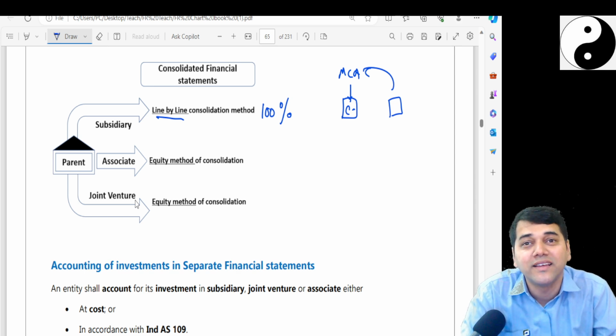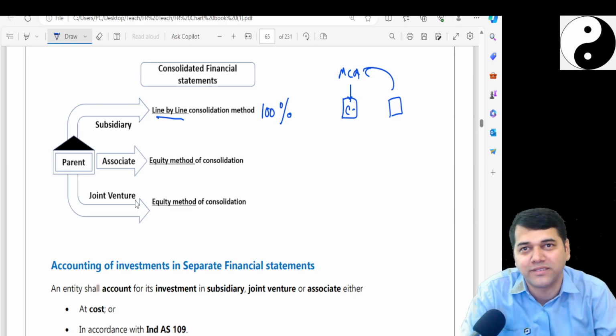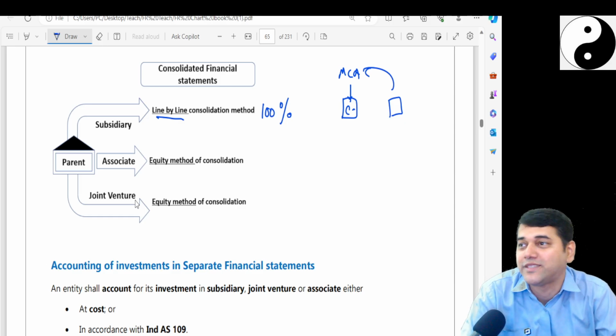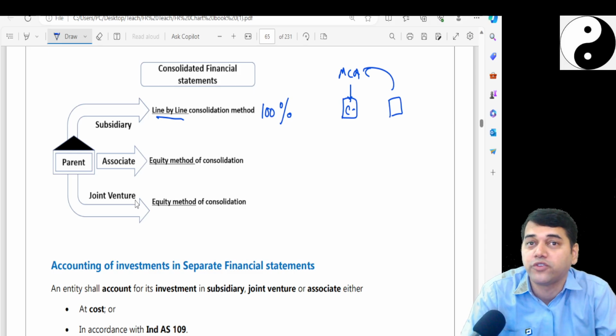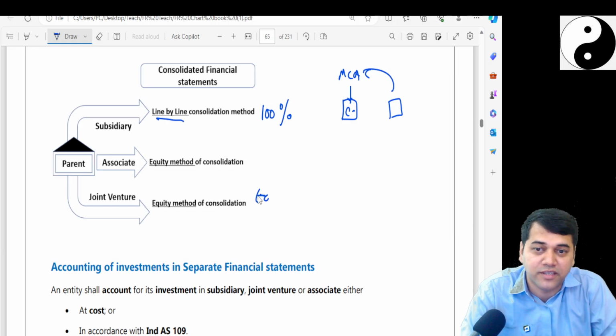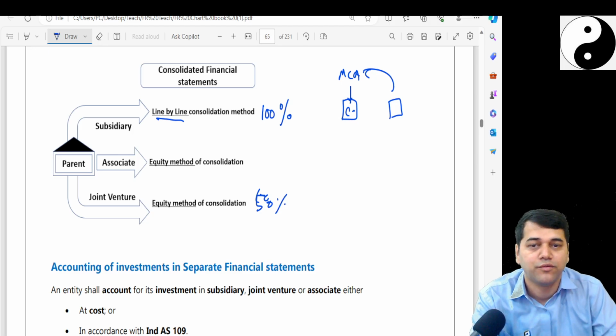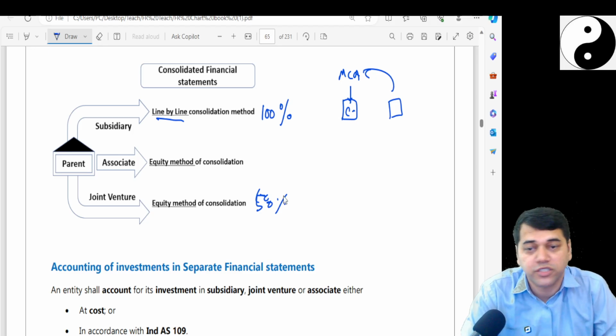It is called the proportionate consolidation method. Like if you have 50% interest, you will take only 50% of their assets. That's called proportionate consolidation.